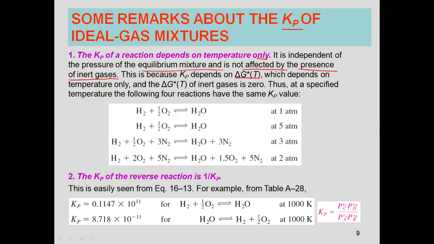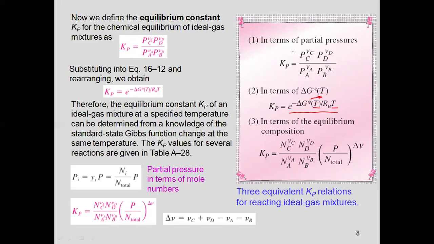Because you see, if I try to understand the Kp value from this, either from this or this or from this, delta G will not be changing by the presence of inert gas, so it will not change. That means inert gas presence will not change the value of Kp.